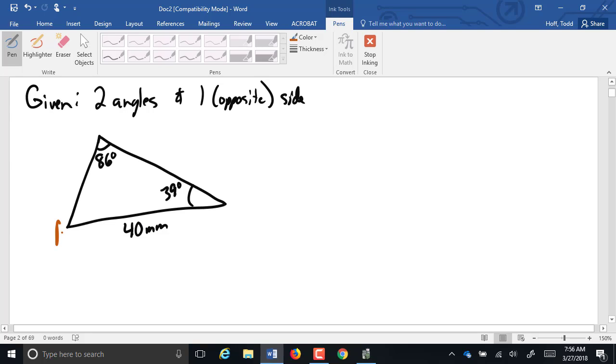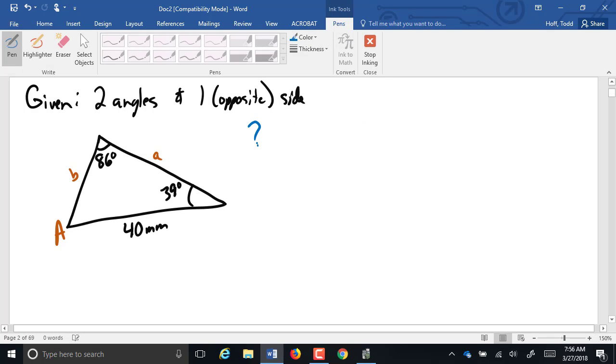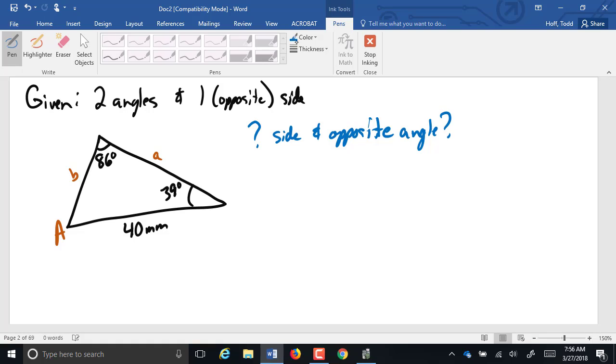So if I do some labeling here, I'll call that angle A, that'll be side A, this will be side B. Do I have a side and opposite angle? Yes, I do.